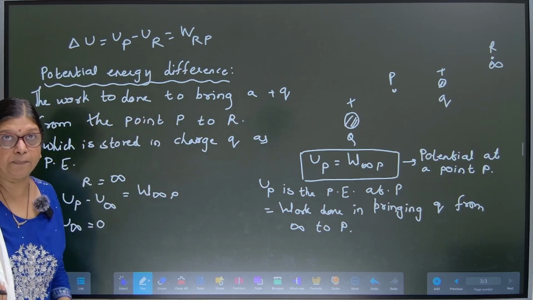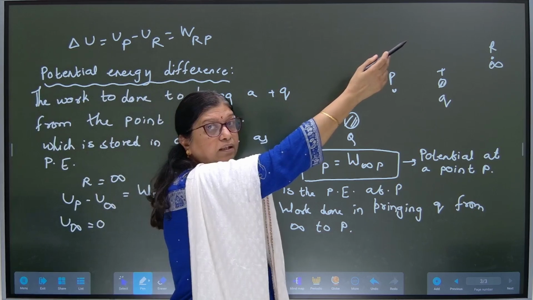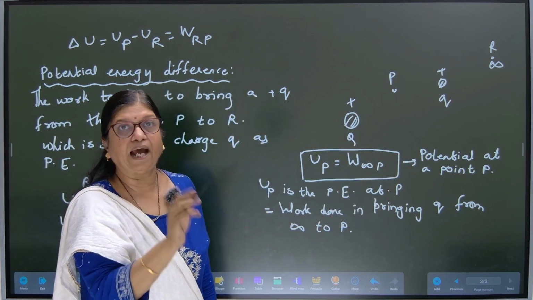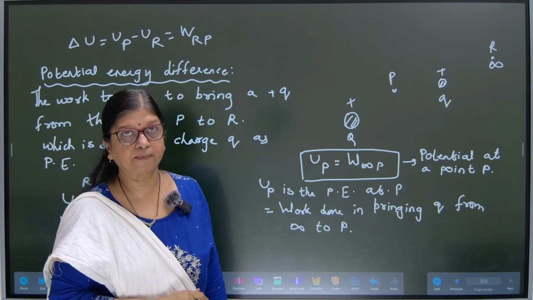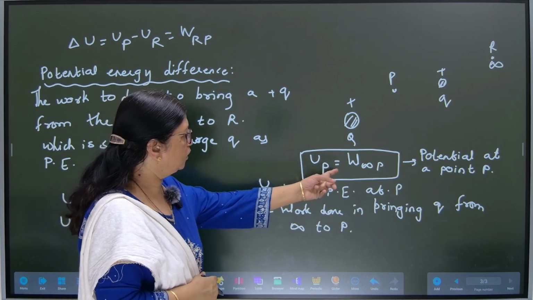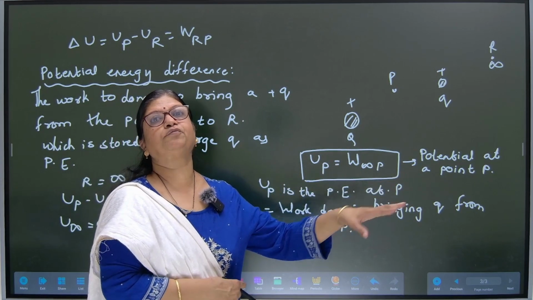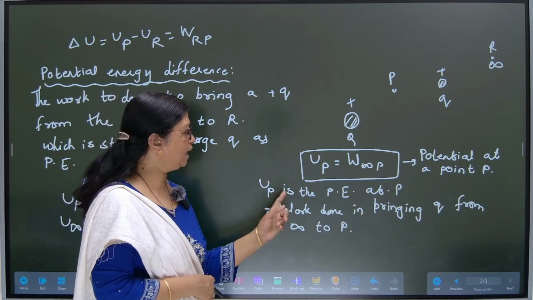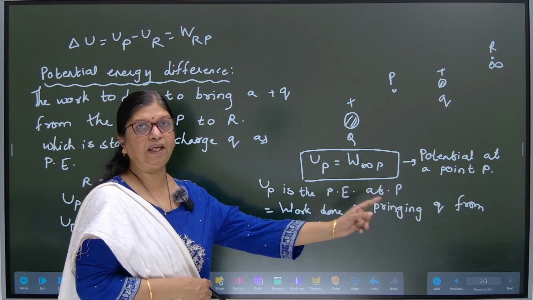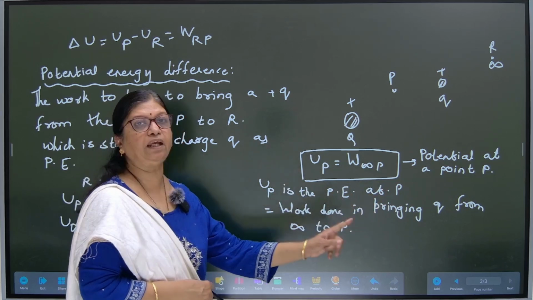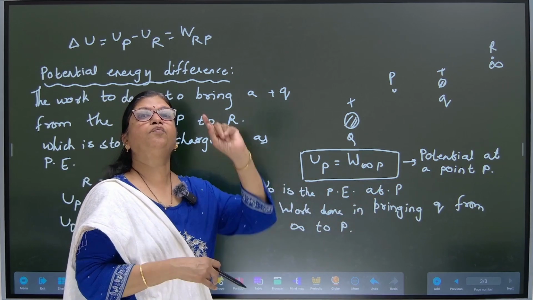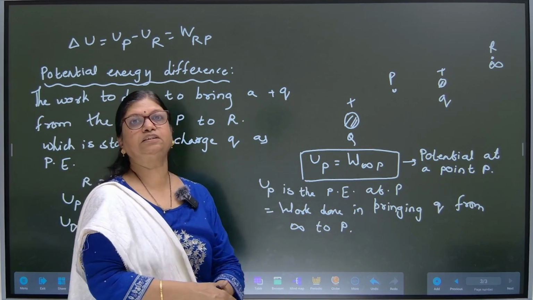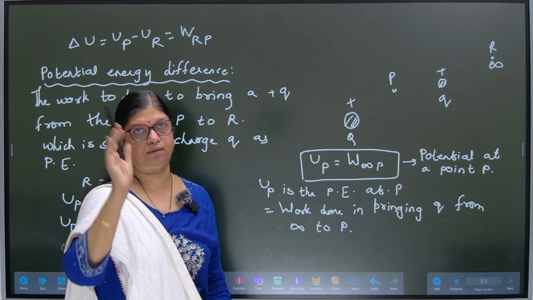If you are shifting a point from infinity to P, then it is a potential energy at that point of the charge, which is equal to W infinity P. So what is it defined as? It is the potential energy at the point P, which is equal to the work done in bringing a positive charge Q from infinity to that point P. That is potential energy at that point P.